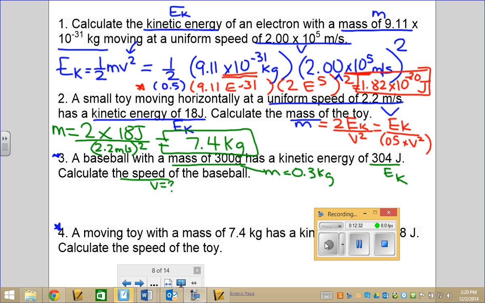So I'm using the same formula, but this time I have to isolate V, and that's a little bit trickier. To isolate V, I start the same way as I did for M. Instead of this 1/2, I'm going to multiply both sides by 2. That way it will cancel out on one side, and I'll have a 2 on the other side. To get rid of the M, I'll divide by M on both sides.